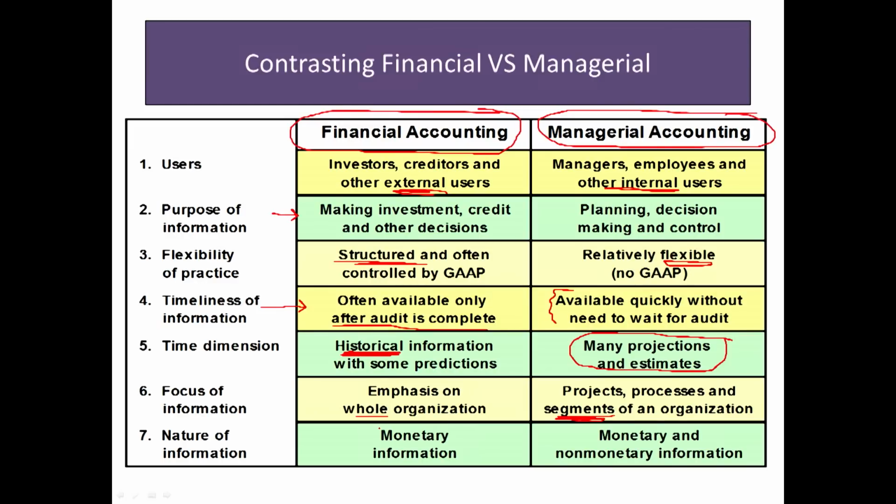The nature of information in financial accounting is strictly monetary. For managerial accounting, though, you often bring a lot of non-monetary information in there as well. If you and your wife were planning out a vacation, you would ask, where do we think we would enjoy going the most? What's the weather going to be?